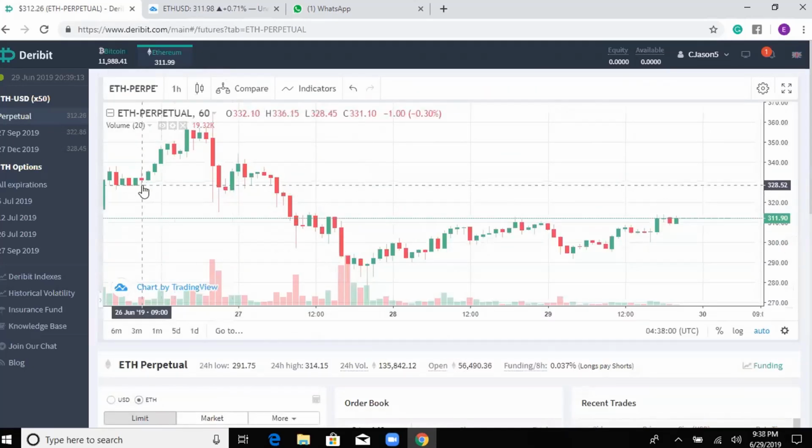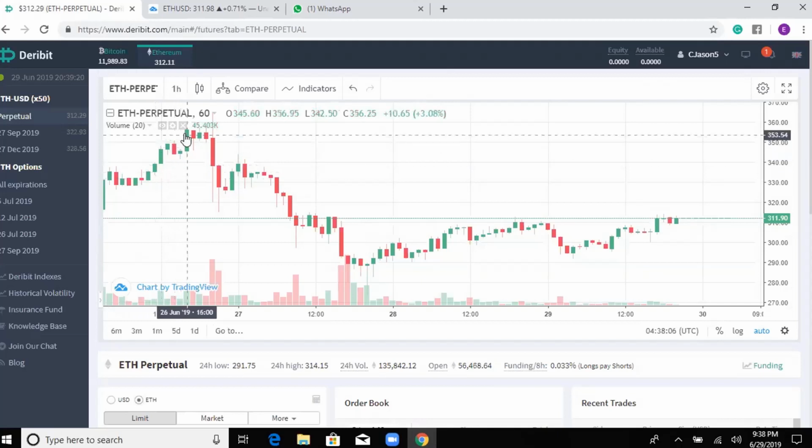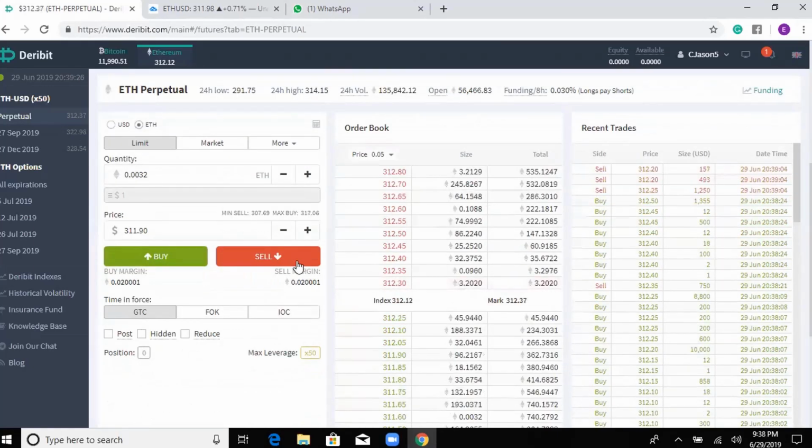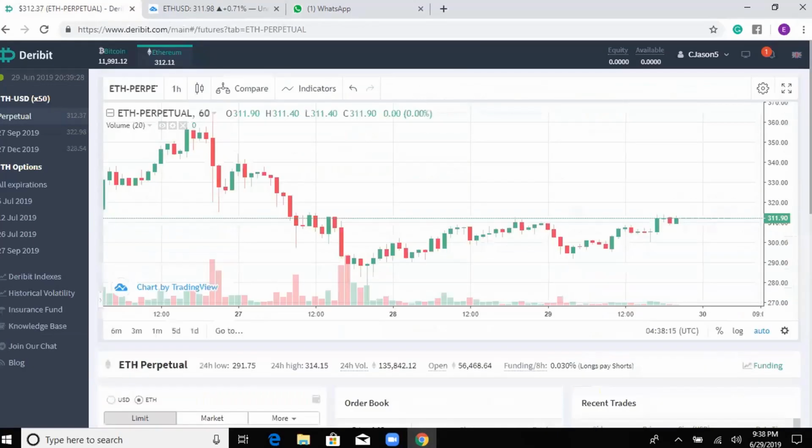When we say go long, you're buying because you expect the price of Ethereum to go up. If you click sell, you're shorting. Shorting means the price of Ethereum will go down. This is what traders do when they are trading Ethereum.